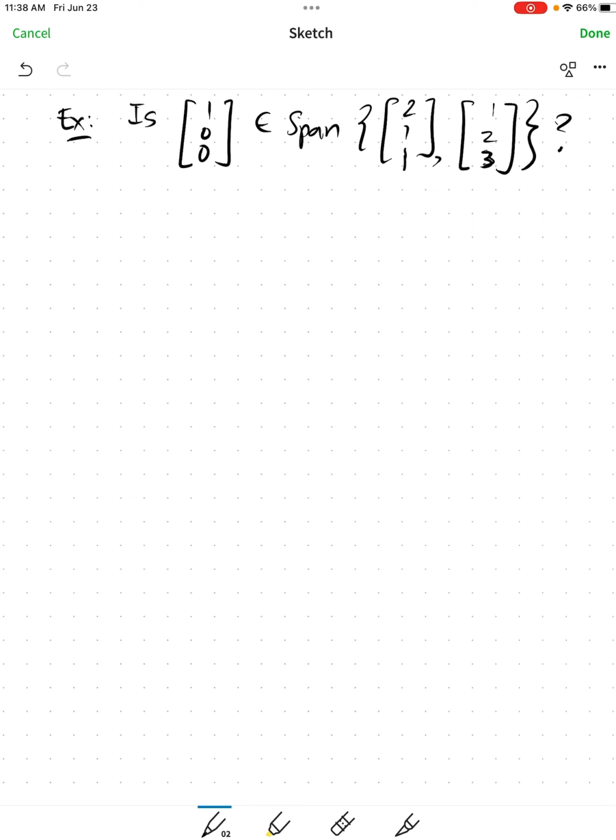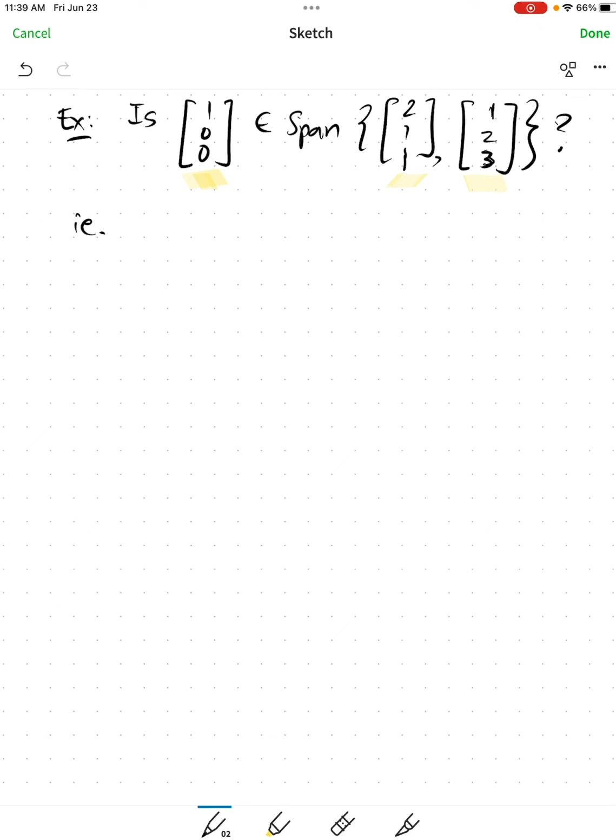Let's say you're asked this question. Well, how can we answer this question? Again, let's think about how to rephrase this question without using the word span. So this is asking, is this vector a linear combination of these two? That's what it's asking.